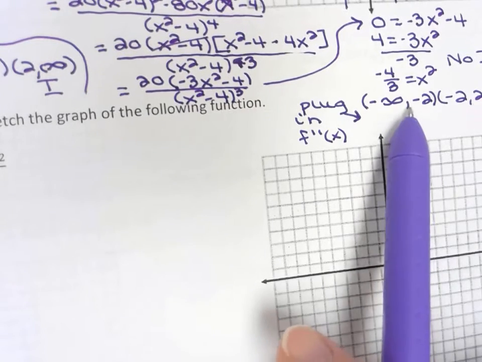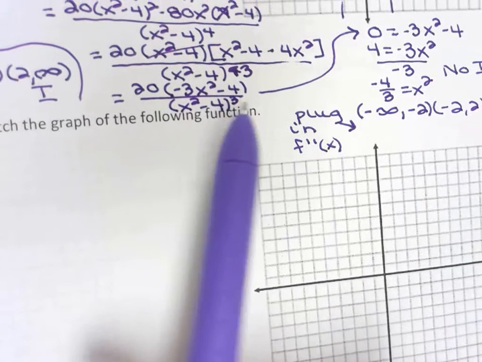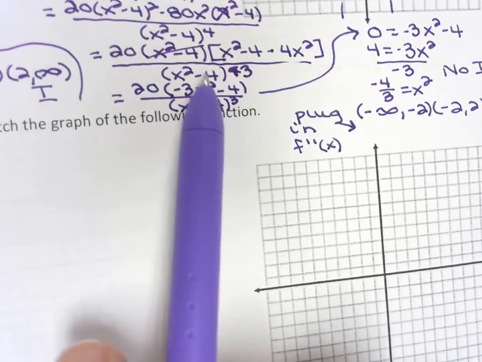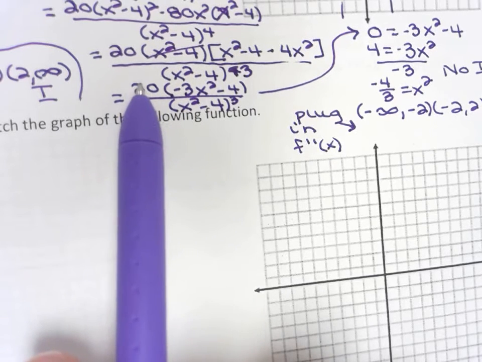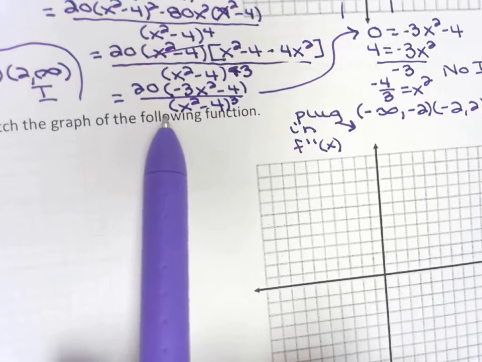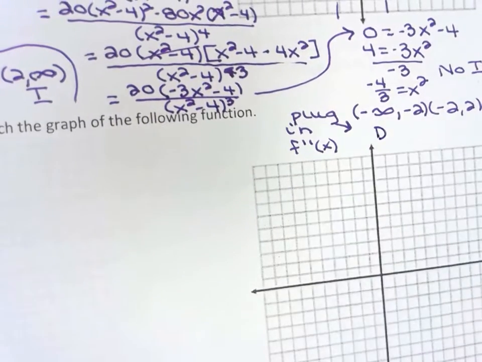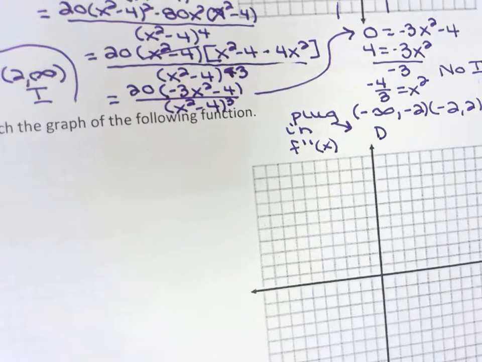If I plug in a negative 3, I'm going to get a what on the top? 9. Negative times 20, negative over positive. So I'm going to get a negative, so that's going to be decreasing. So I'm thinking that I should be decreasing over the entire domain, is that right?